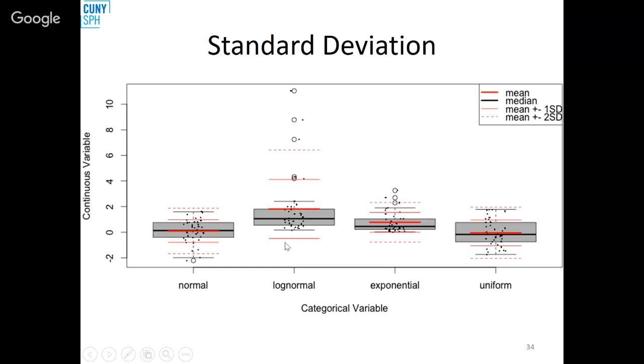The 2 standard deviations below isn't even on the plot, plus 2 standard deviations is way up here. Same thing to a lesser extent with the exponential distribution. And again, the uniform distribution looks sort of similar to the normal distribution in this visualization.